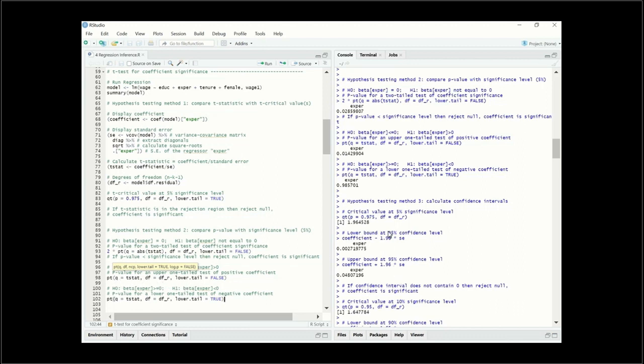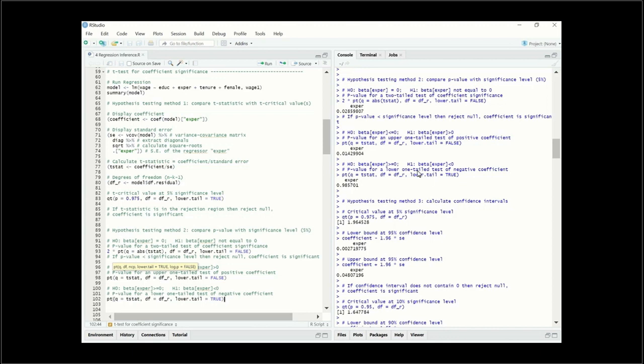So basically, looking at the p-value testing whether the coefficient is positive, this is the p-value here of 0.01. It's less than 0.05. Therefore, we conclude that the coefficient is positive.